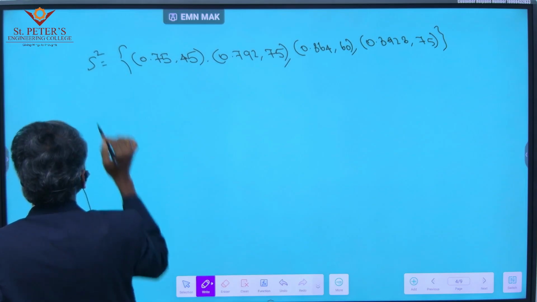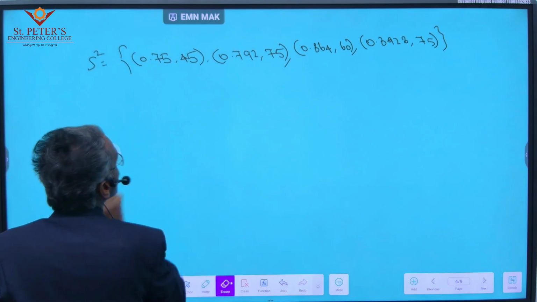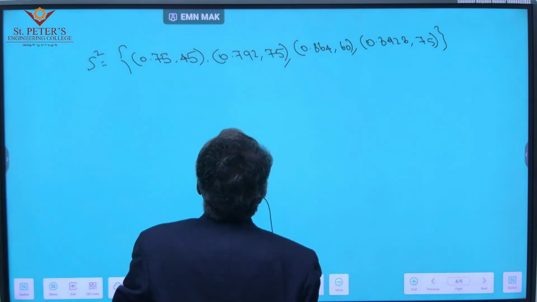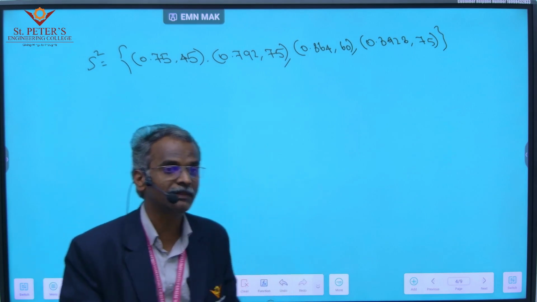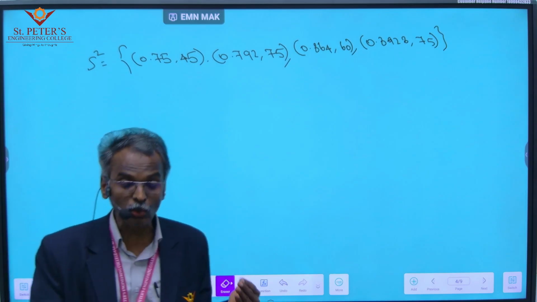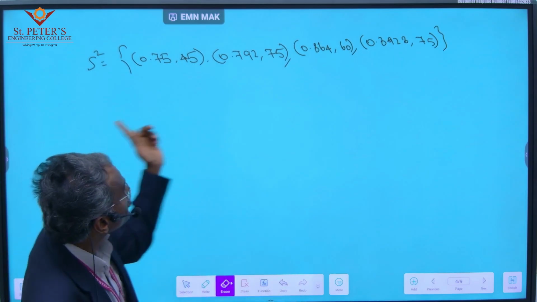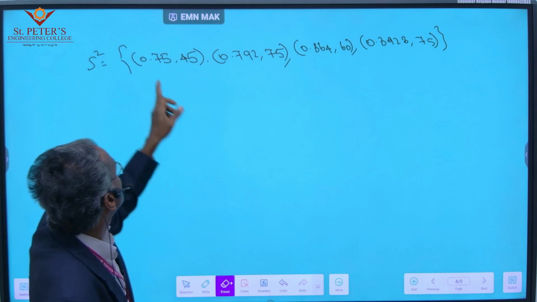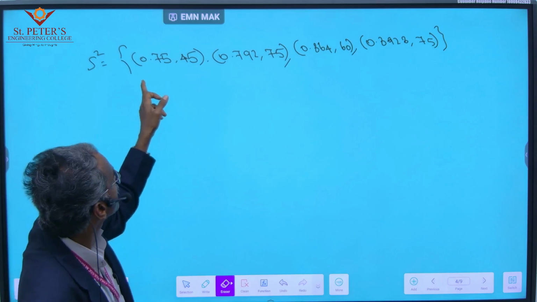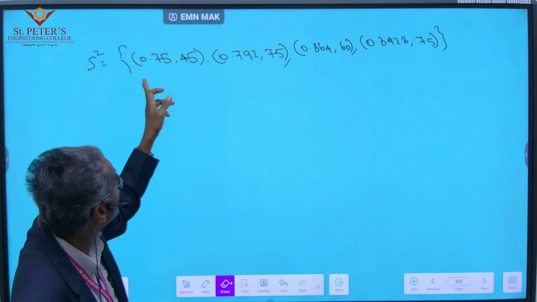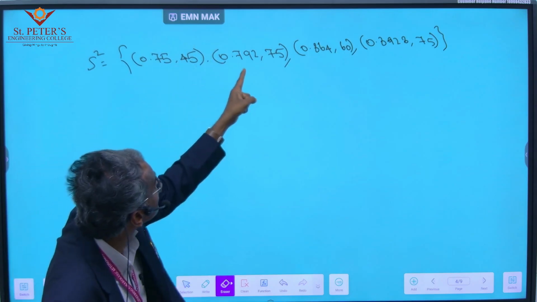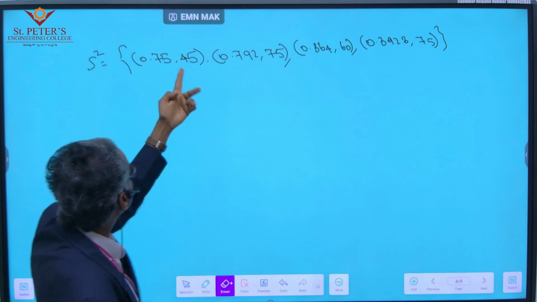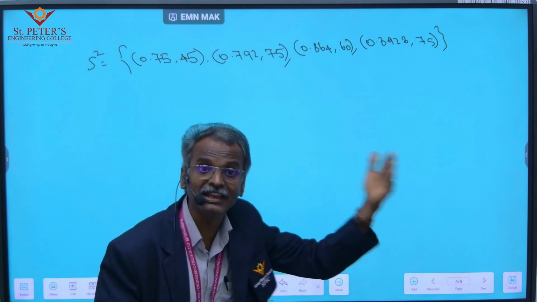S2 is equal to, right. So here one thing you have to observe by applying the dominance rule. What is the dominance rule? Reliability ratio is 0.75, cost is 45. From 0.75 to 0.79, it is increasing, cost also 45 to 75, it is increasing.